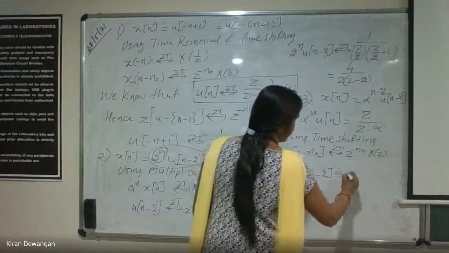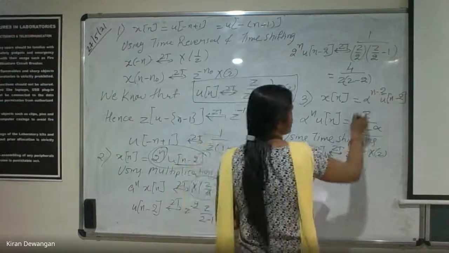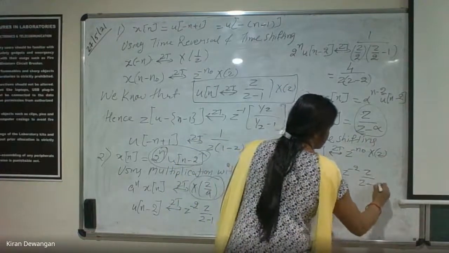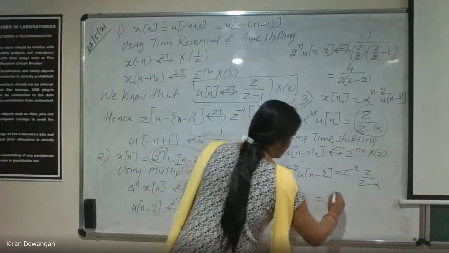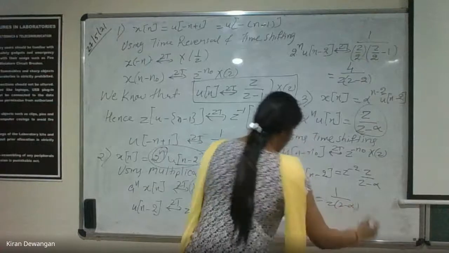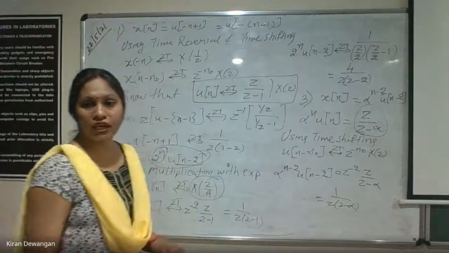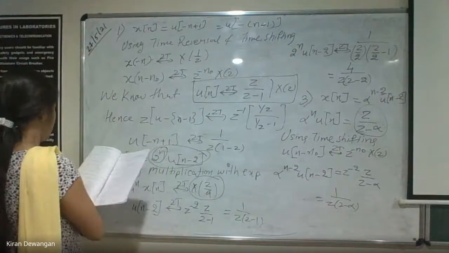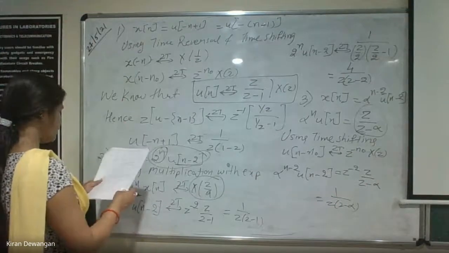This gets multiplied by z to the power minus 2. Now what is my X(z)? X(z) is z by z minus alpha. So basically the answer will be 1 by z into z minus alpha. So this is how this can be solved. Now let us solve just one more question.